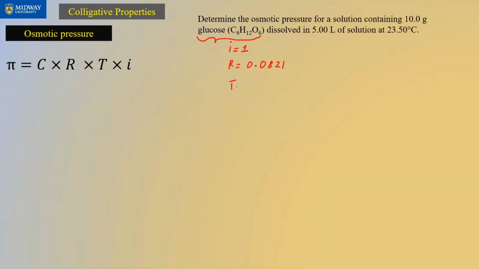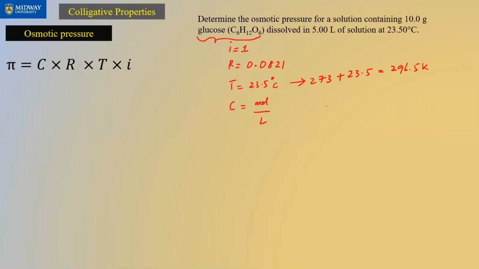We know the temperature is 23.5 degrees Celsius, which equates to 273 plus 23.5, which is 296.5 Kelvin. So if we can find the molarity, which is C, then we can solve for osmotic pressure.